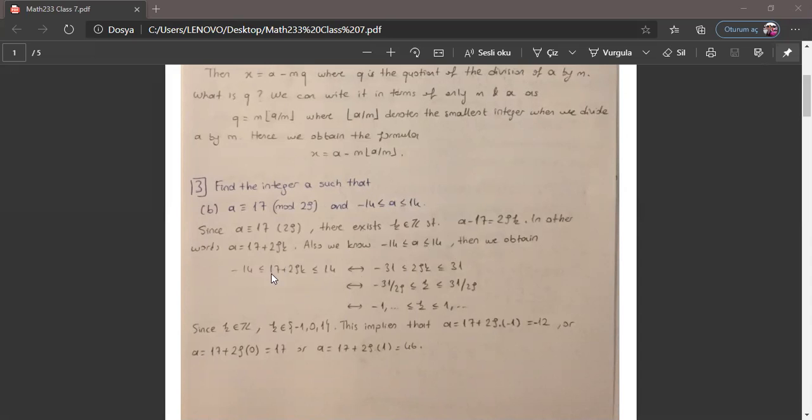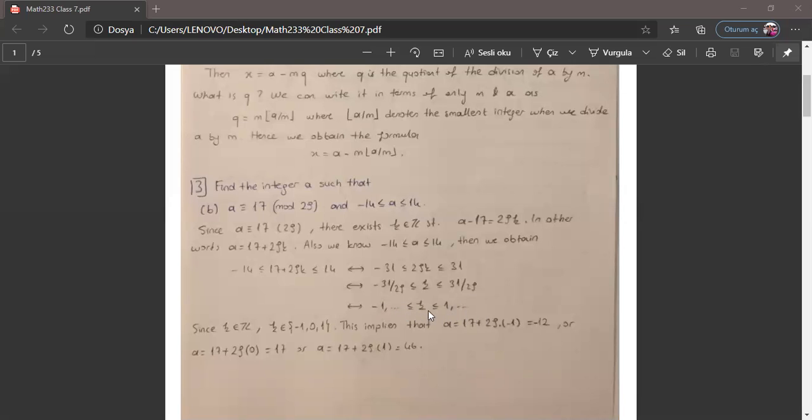So we first subtract 17 and get these. Then we divide by 29 and get this. So this will be some decimal number, which is minus 1 point something, and here we have 1 point something.